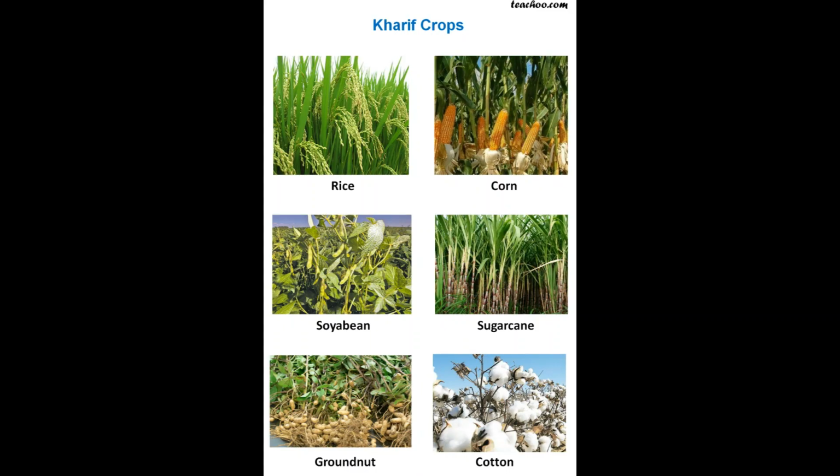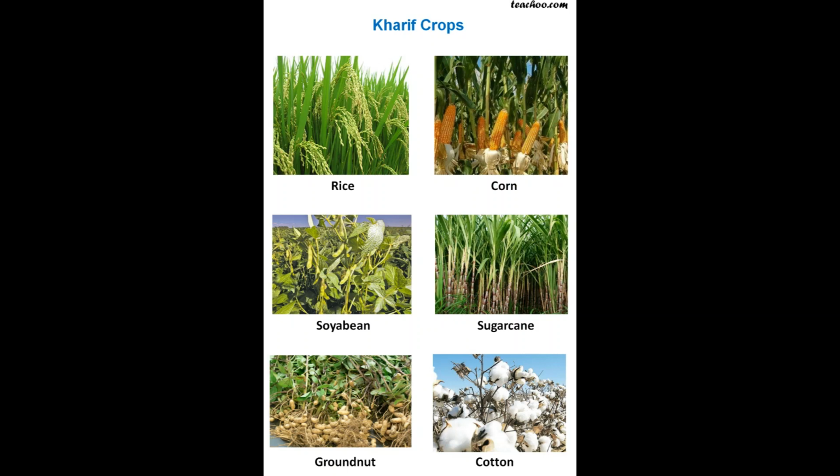Now different crops are grown in different seasons. On the basis of seasons, they are grouped as Kharif crops and Rabi crops. Kharif crops are sown in the rainy season, in the months of June to September. They are harvested, cut, during October and November.